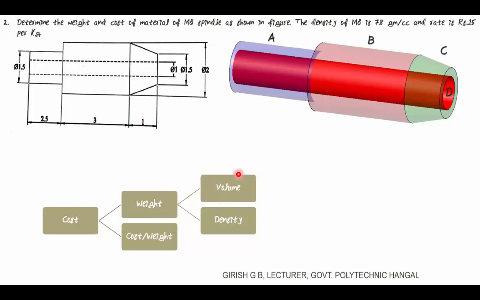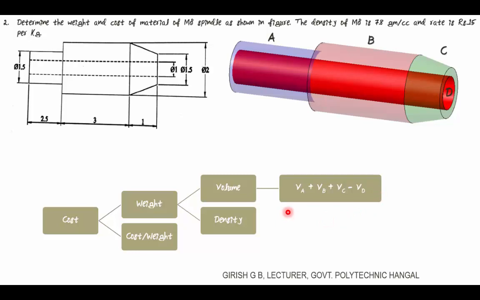What is volume? This is total volume. The total volume is obtained as the sum of individual volumes, that is volume of cylinder A, VA, plus volume of cylinder B, VB, plus volume of VC. This is not a cylinder, this is a frustum of a cone, VC, and subtracting the cylindrical hole. So that will be VA plus VB plus VC minus VD.